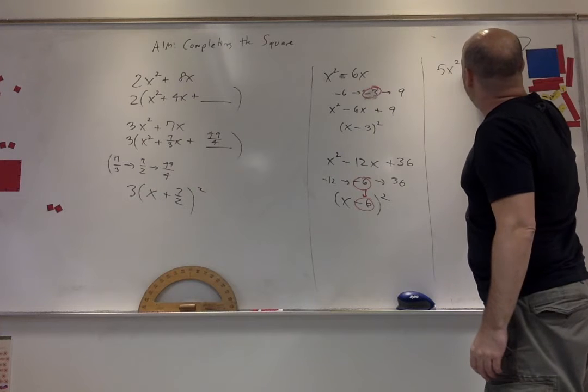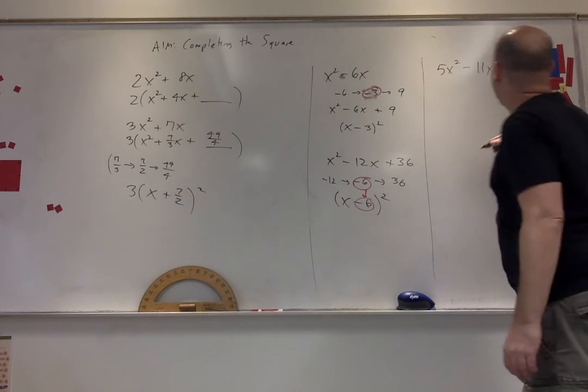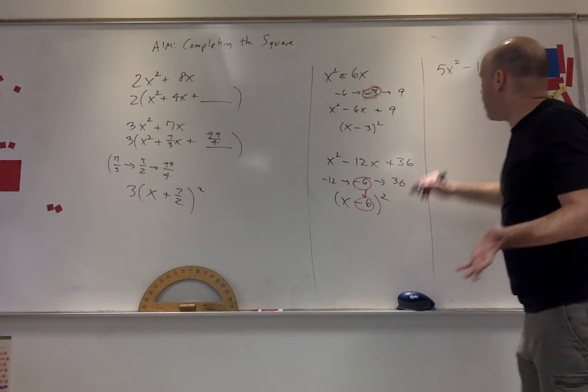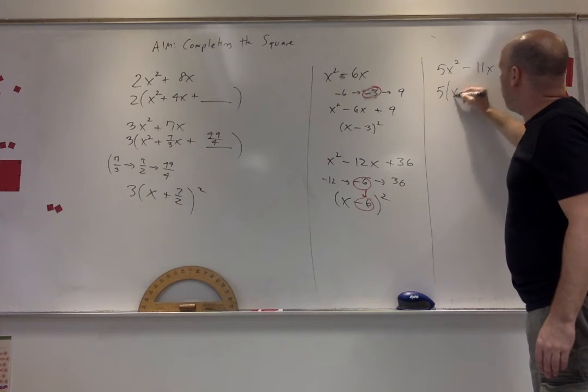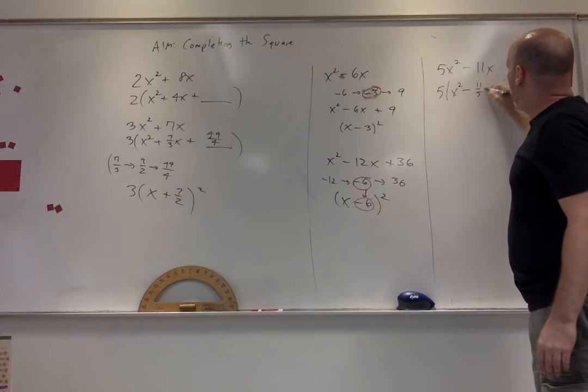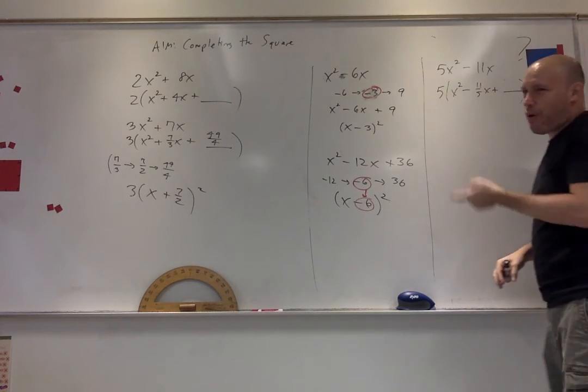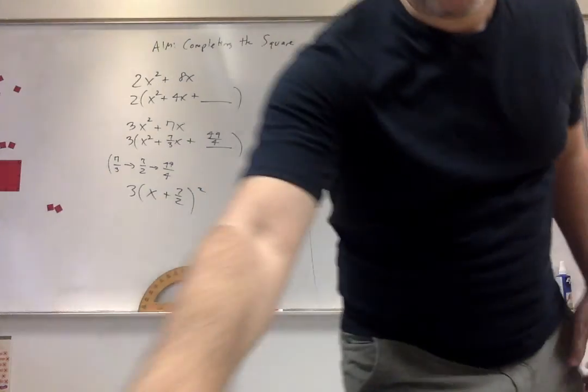I wanted to take this idea of geometry, and then the same idea with 5x squared minus 11x. What do I do? Well, it's just algebraic trickery. Once again, pull out your 5, right? We know it's plus because we're squaring what we divided.